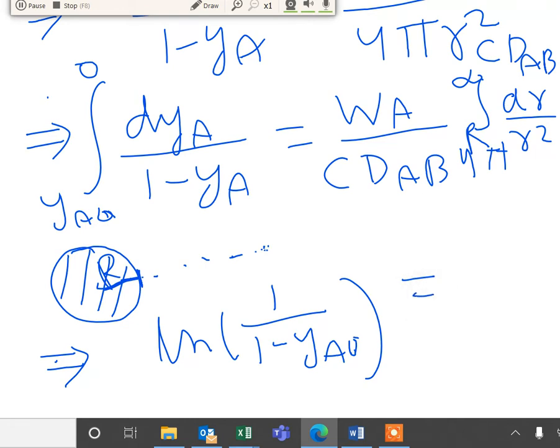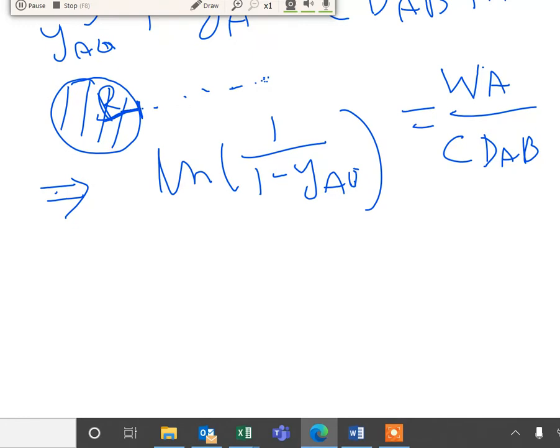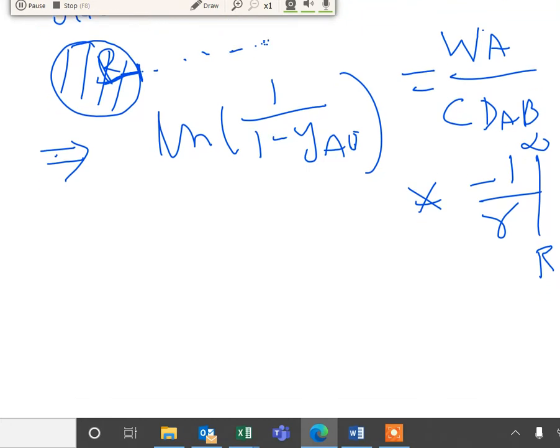This one: WA divided by C DAB, and then dr over r square, this becomes basically minus 1 over r, from R to infinity. Okay, so 1 by infinity is 0, and we have 4 pi also with this.